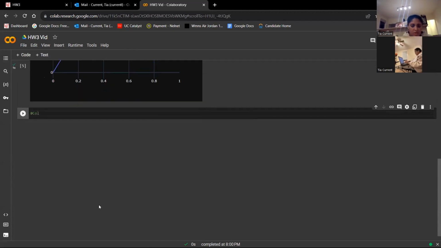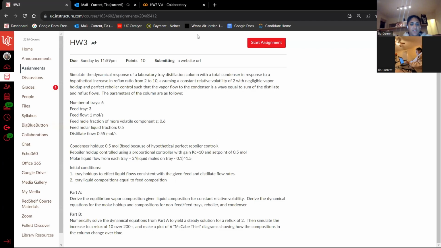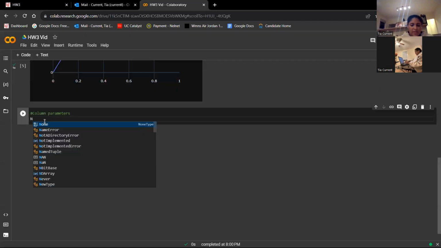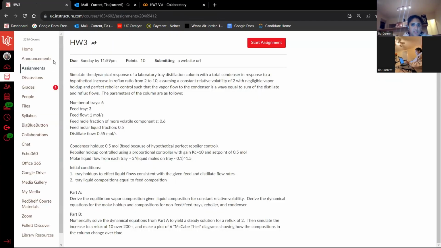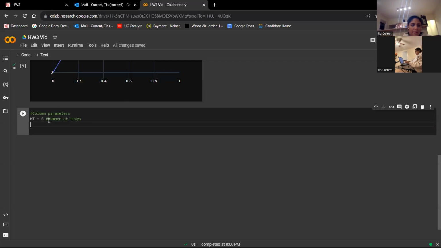We're going to go and do our column parameters. Okay, and so number of trays, N_T is equal to, and that was 6 from the homework. So we'll put a hashtag number of trays, and then this is my feed tray.